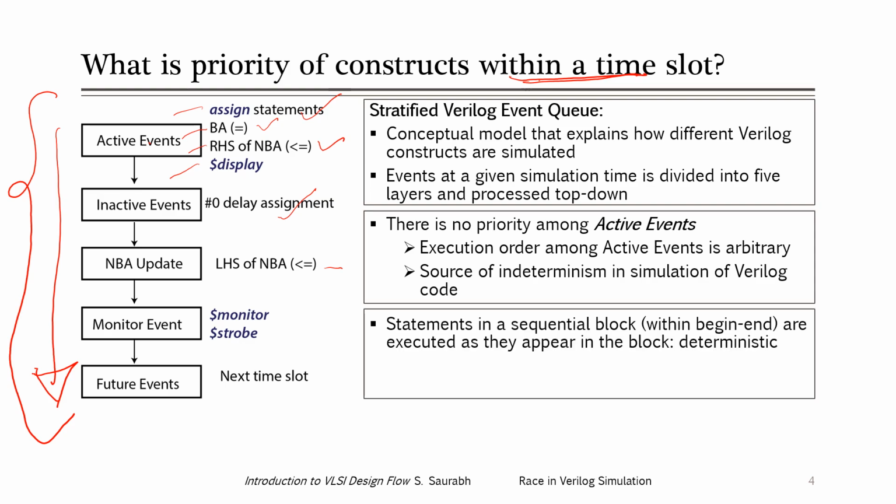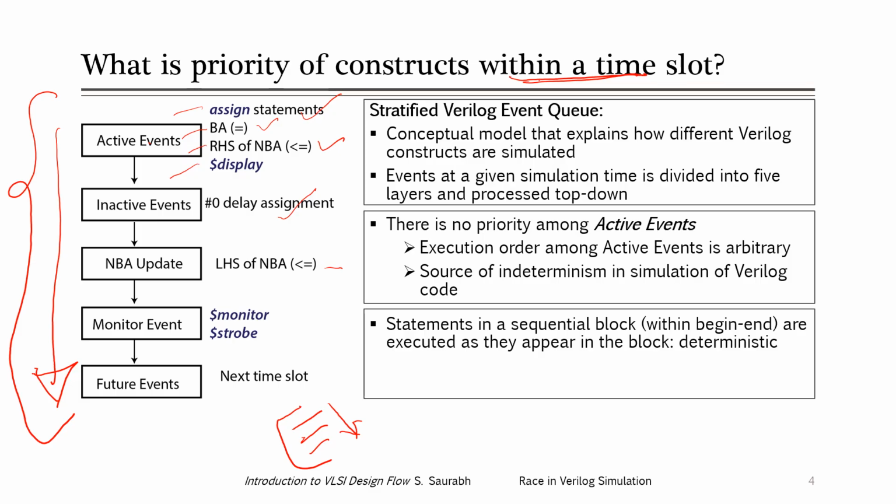Now, note that statements in a sequential block are executed as they appear in the block. For example, if you have an always block and we have statements 1, 2, 3, then they will always be executed in a top-down manner as it is written in the code.